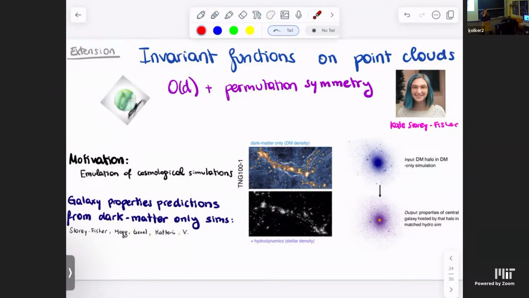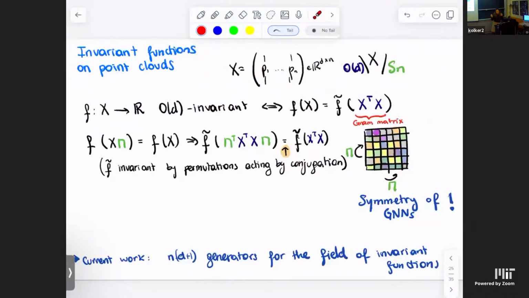To put it in the context of the math that we are looking at here, we can say my point cloud X is given by n points in dimension D. You can have the action of O(D) on one side, and the action of S_n on the other side.